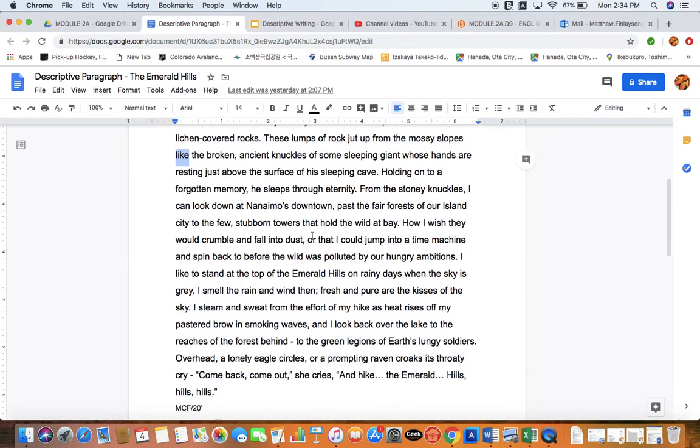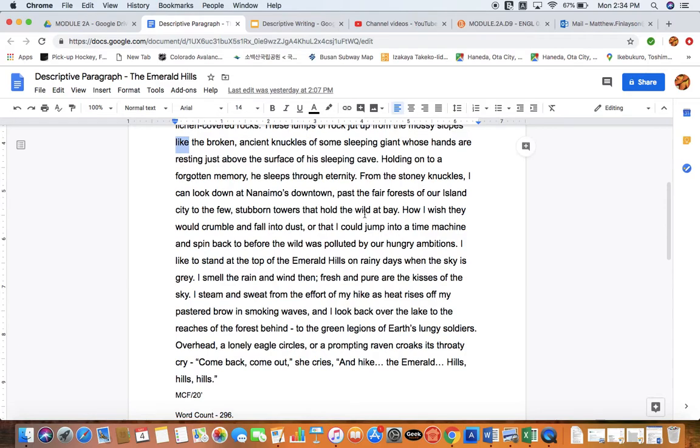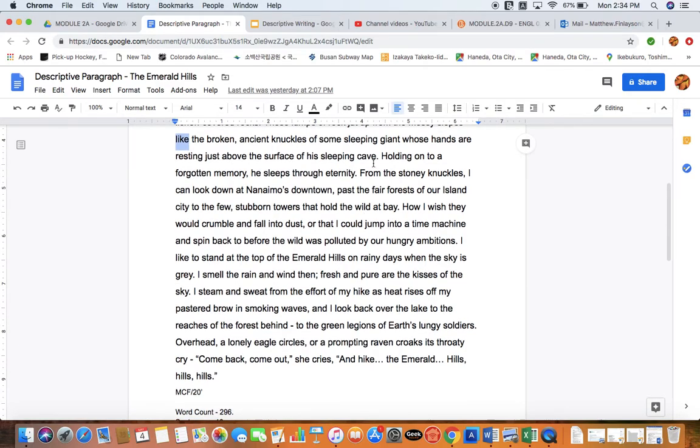Holding on to a forgotten memory, he sleeps through eternity. From the stony knuckles, I can look down at Nanaimo's harbor. So that there, from the stony knuckles, that is actually a metaphor. So I've shifted from doing a simile comparison to now I've jumped straight into a metaphoric comparison, because I don't say that the stones look like knuckles.